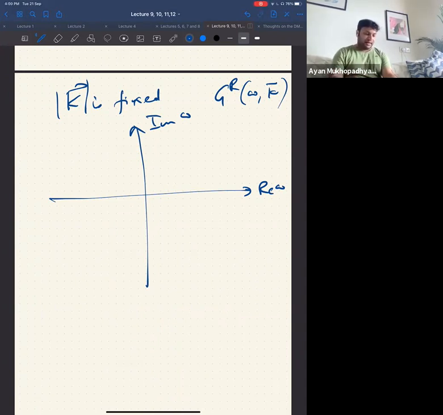If there is rotational symmetry, you won't expect it to depend on the direction of k, but only on the magnitude of k.